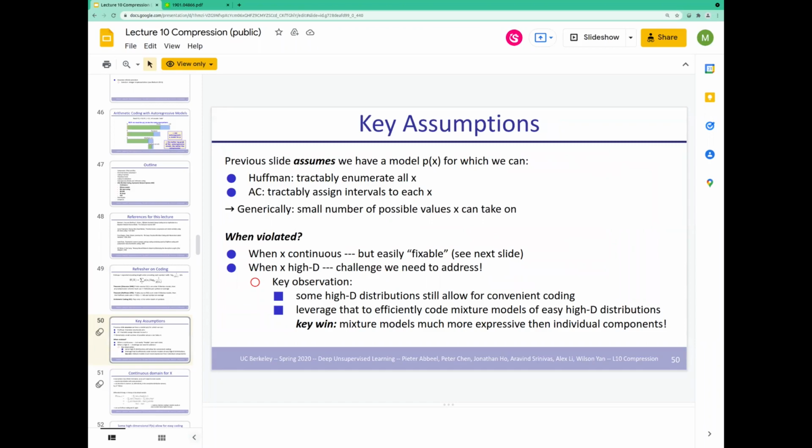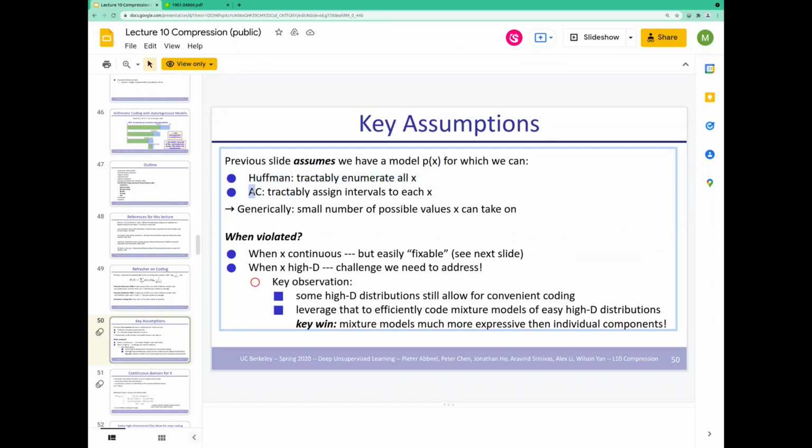In order to do all the stuff that we did previously, we have to make some assumptions. The Huffman encoding assumes that you can tractably enumerate all of x, that there's a finite set of symbols, and you can assign a probability to each and every one of them.